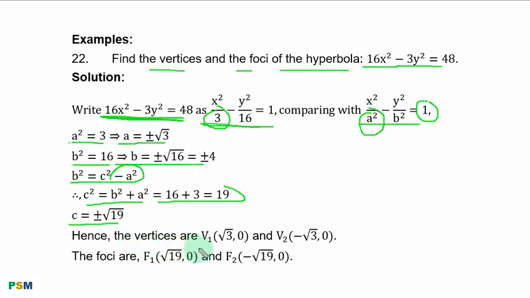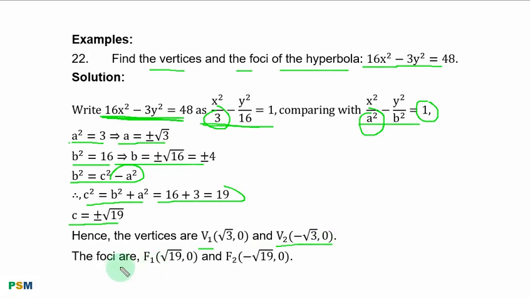vertices are v1. You have a, 0. A is root 3. That is plus root 3, 0. And the second vertex, v2, you have the negative a, that is minus root 3, 0.